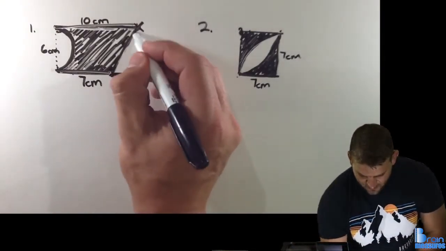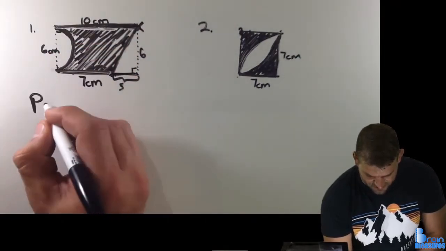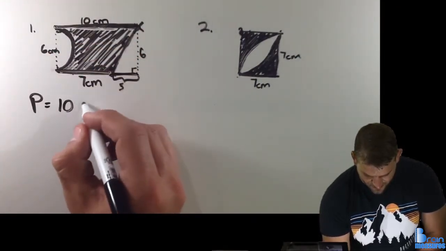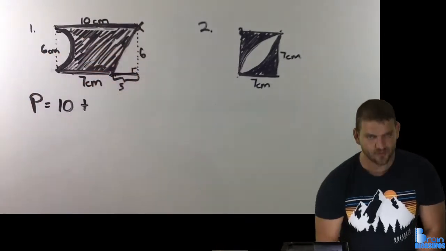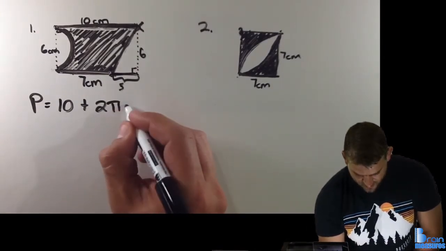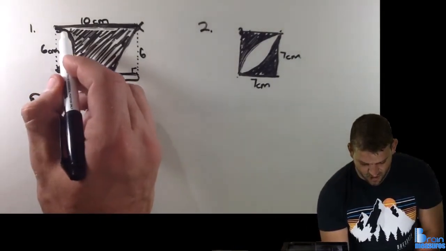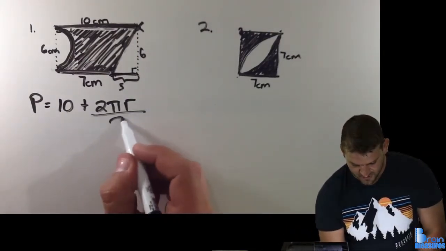So I'm going to pick this point and I'm going to say, alright, let's start walking. So the perimeter is equal to 10 plus, oh, now it's half the circumference here. How do I work out circumference again? 2 pi r. 2 pi radius. But it's half of the circumference. It's not the whole circumference, so I need to divide this by 2.